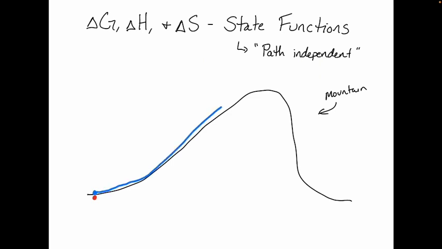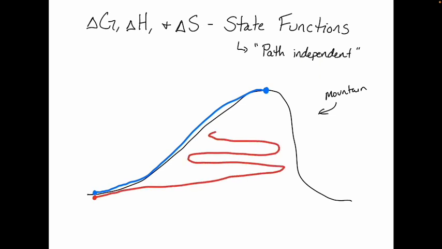He just beelines right up the side of the mountain to get to the very top. Not worried about the incline, just powers through it. Our red hiker is not into it. He's going to take the switchback route, back and forth and back and forth and back and forth in order to get to the top of the mountain.